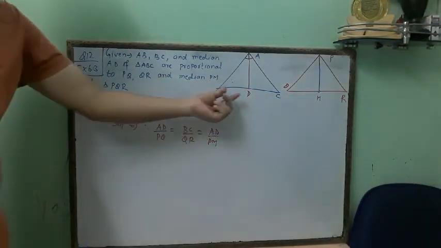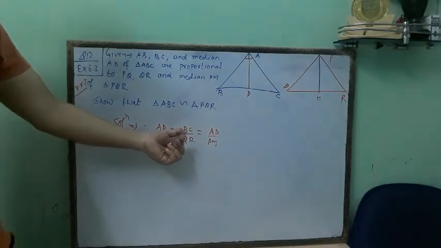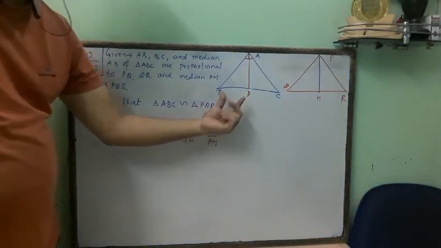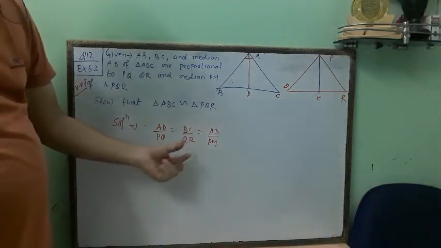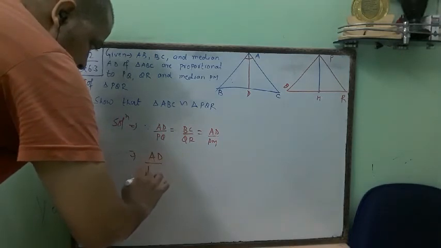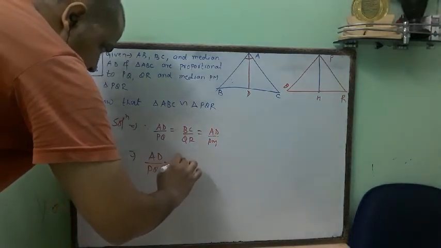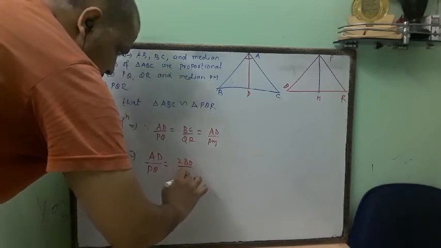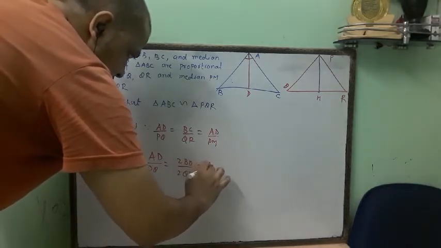So in place of BC we will write 2BD, and in place of QR we will write 2QM. So 2 will be cancelled out and the sides will be proportional.